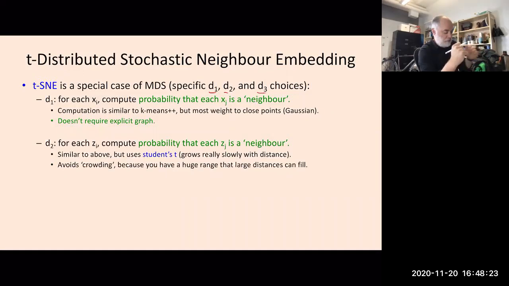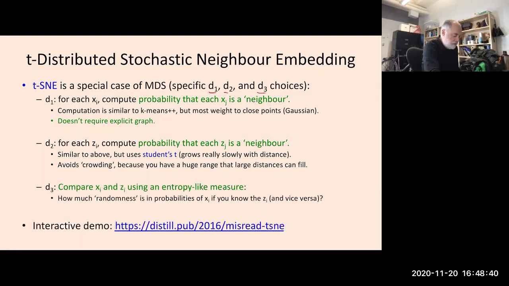You compute the probability that every other z is a neighbor, but you do it with a heavy tail distribution, so you're allowed to deviate for large distances. And then you compare the distances in X and Z space using the KL divergence, which is basically an entropy-like measure. And that's it for t-SNE.